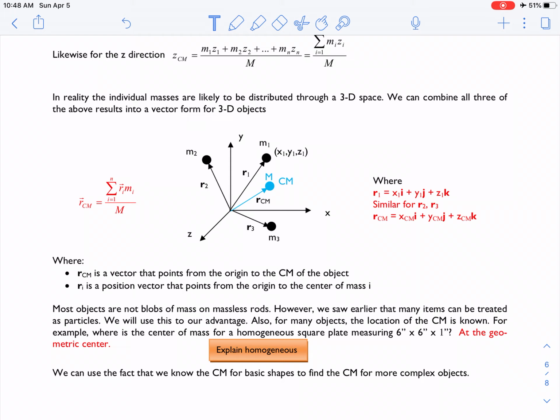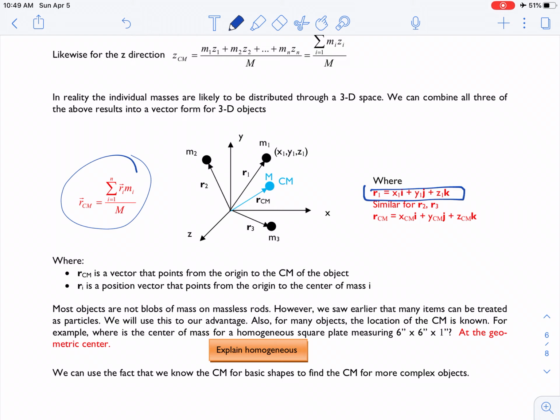And r_i in the equation, so we have this equation here. We just really replaced x or y or z with r, and then we made it the vector r. So instead of components, we have the entire vector now, which contains all the information for x, y, and z, because we know that r is written as, if it's r1, x1 i hat plus y1 j hat plus z1 k hat.